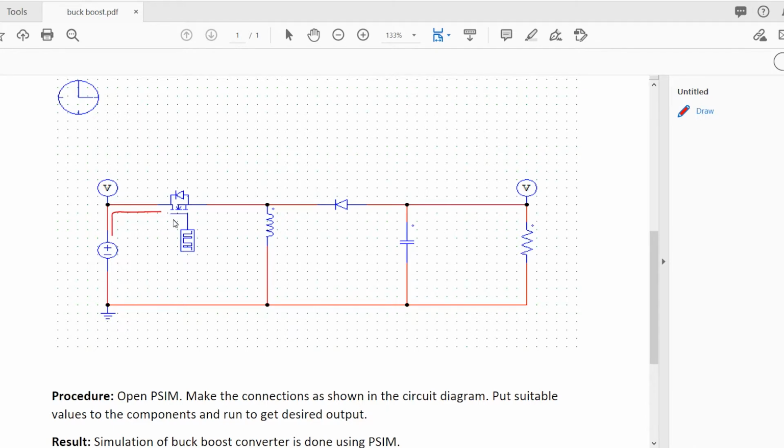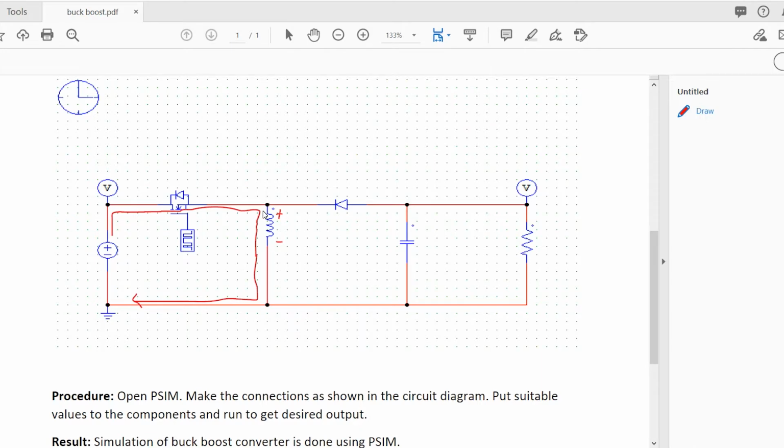The current will flow here and go through the inductor, which will charge the inductor like this, plus minus. And since current chooses the shortest way without much resistance, it will go through here and back to the source, because the current won't flow this way since the diode will be reverse biased.